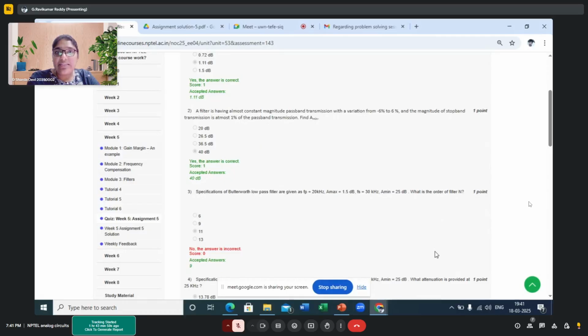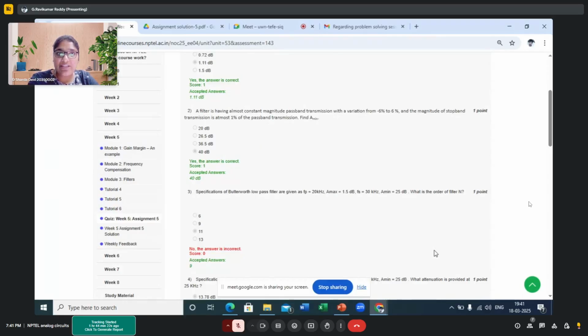Okay, for a Butterworth filter, the specifications of the Butterworth low pass filter are given as FP, Amax, FS, and Amin. For Butterworth filters there is a formula, and based on the formula you have to fit in all these values, FS, FP, Amax, Amin.